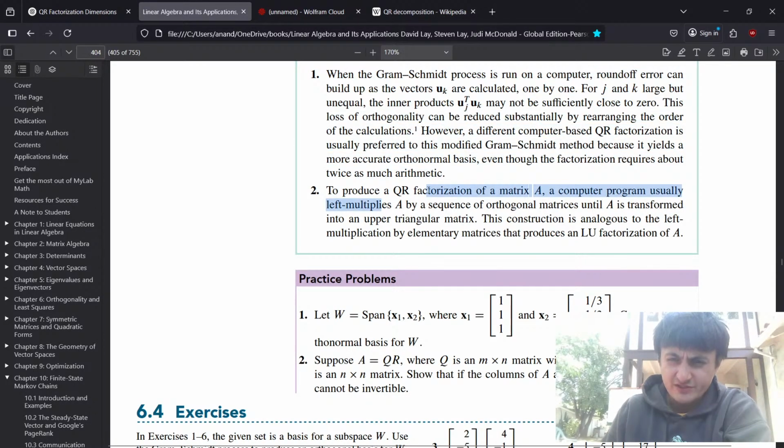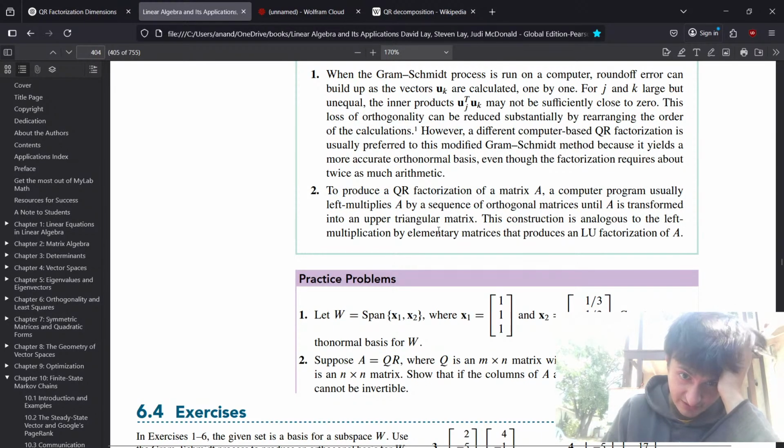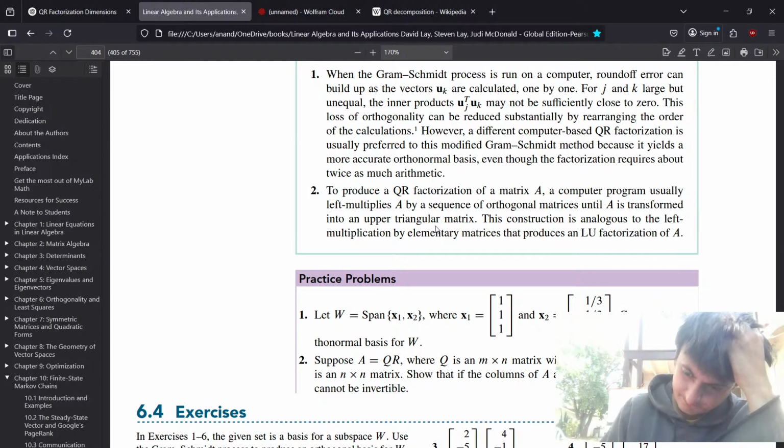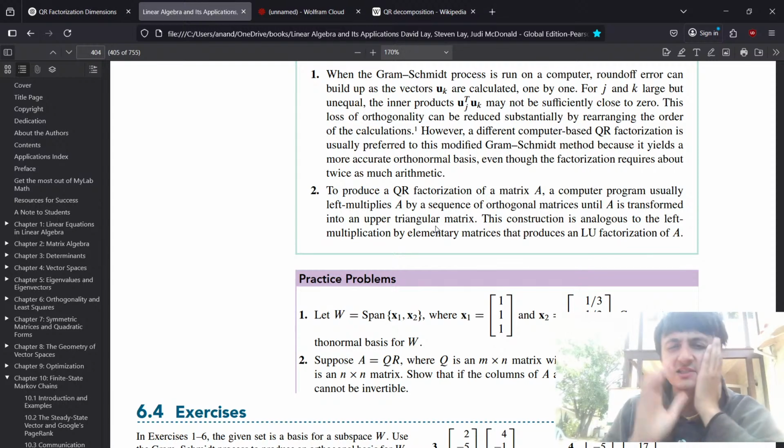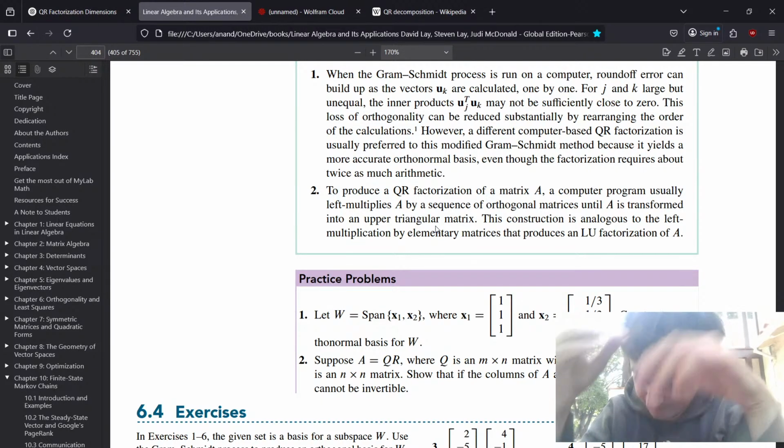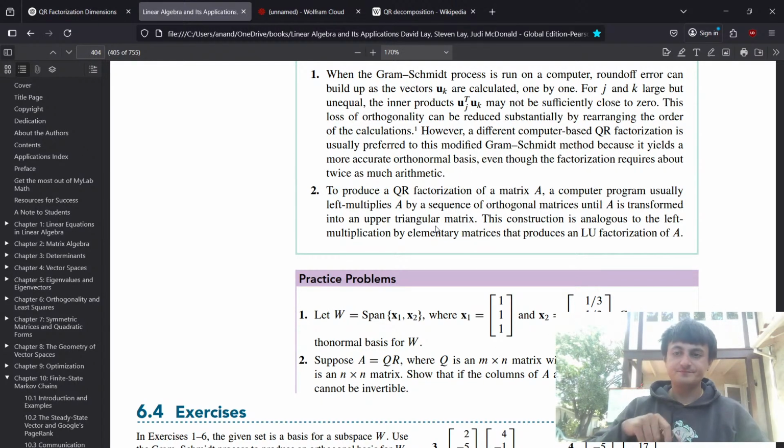To produce a QR factorization of matrix A, a computer program usually left multiplies A by a sequence of orthogonal matrices until A is transformed into an upper triangular matrix. This is analogous to elementary matrix multiplication for LU factorization.